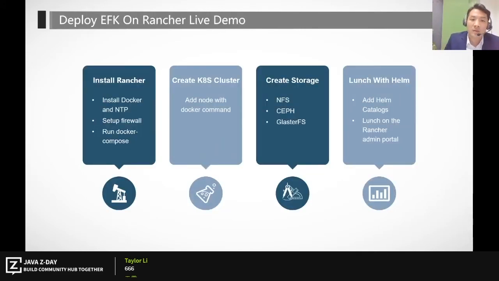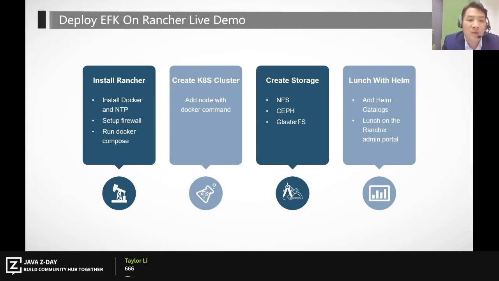But Kubernetes installation is not very easy. With Rancher, it can be much faster and easier. So I will share the live demo in the process below. First, I will share how to install a Rancher server.